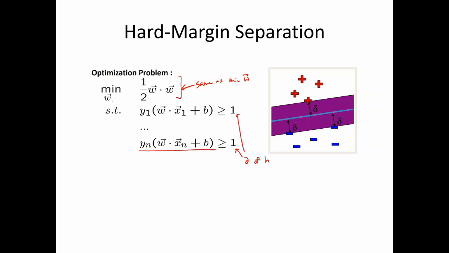And this is the delta of each point. So we're minimizing w while every point is at least 1 away from the hyperplane. Visually, this distance is 1. This delta is 1. So the distance between any point and the hyperplane is at least 1.